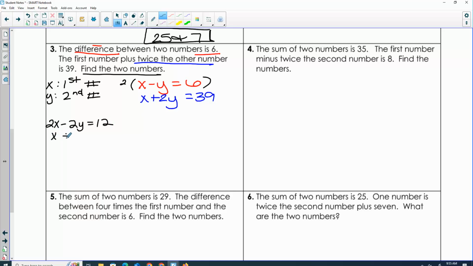Second equation didn't change, it just stayed the same. So now if we add these, 2x plus 1x is 3x. Negative 2y and positive 2y cancel. 39 plus 12, 51. Divided by 3, and x is 17.